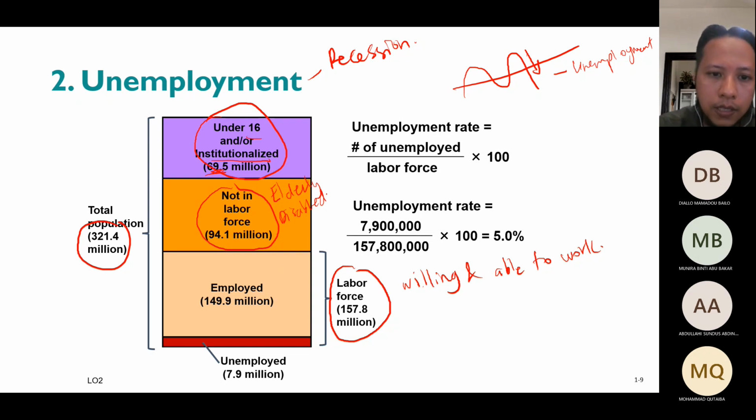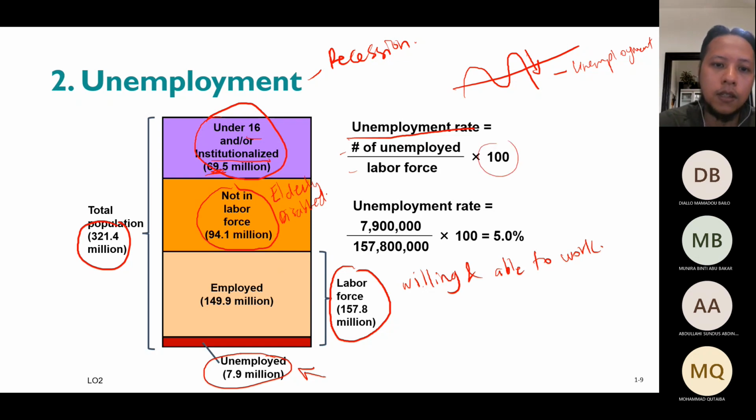And out of this labor force, basically out of the 160 million that want to work, 8 million cannot find a job. So these are the people who are unemployed. In order to calculate the unemployment rate, you take the number of people who are unemployed over the labor force times 100.